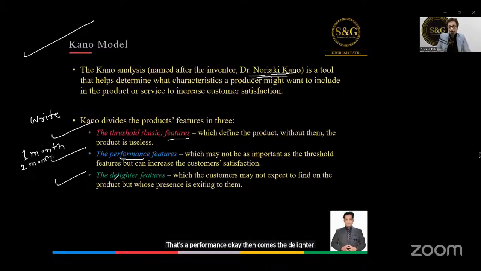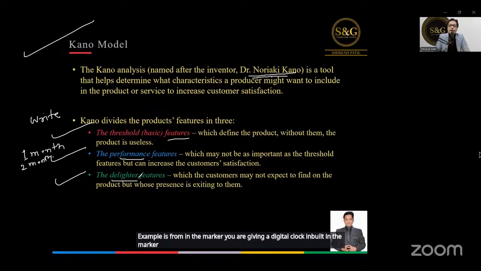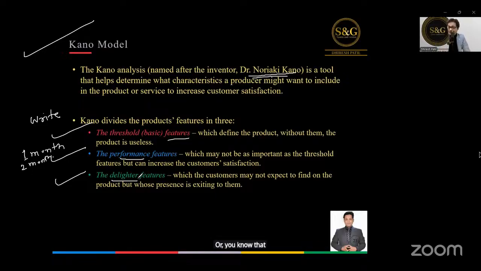What is delighter? Delighter meaning a feature which is not expected by the customer and still you are delivering it. That is called a delighter feature. Example: in the marker, you are giving a digital clock inbuilt in the marker, or that ink is scented ink.